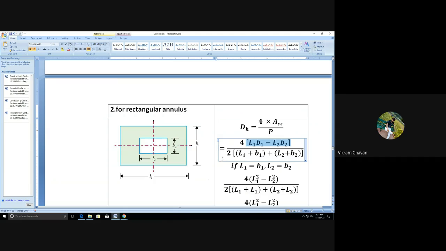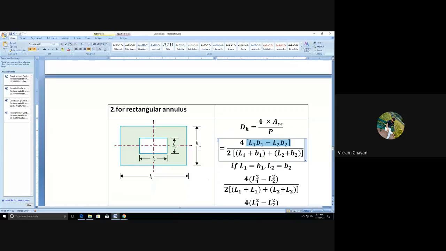Wetted perimeter means the fluid will flow through this particular duct, and it will be in contact with these surfaces, and also it will be in contact with the external surface of the internal duct. So if you consider that, then the wetted perimeter will be equal to 2 times L1 plus B1 and 2 times L2 plus B2, the perimeter of the larger duct and the perimeter of the smaller duct.